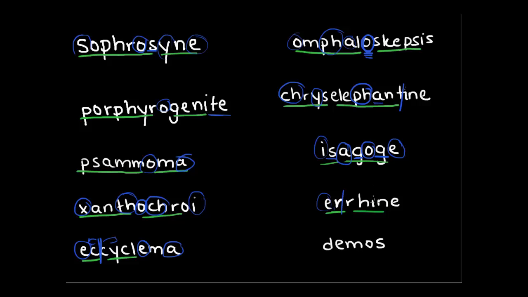But we could kind of see this as an R-R-H word, because it's very common. And then again, we have "ine" at the end. Remember that very common ending, just like chryselephantine. So airine, I-N-E at the end.